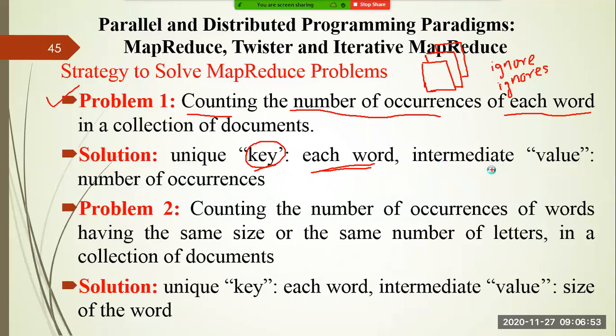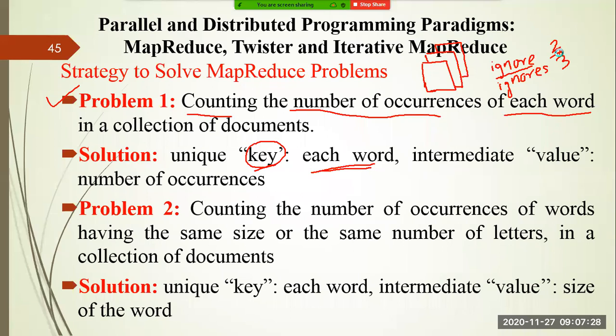Intermediate value is nothing but how many times each and every word is repeated. Like let's say ignore is repeated 2 times, ignores is repeated, let's say 3 times. Just an example. So you can see this is your key and this is your value. And you know in MapReduce everything is in the form of key and value, right? So if the problem is like this, then you have to determine which one you will take as a key and which one you will take as a value.